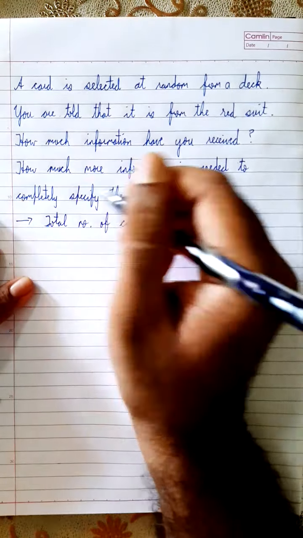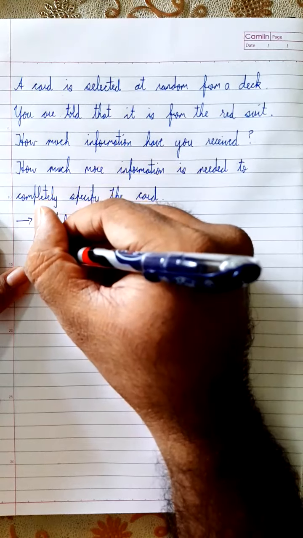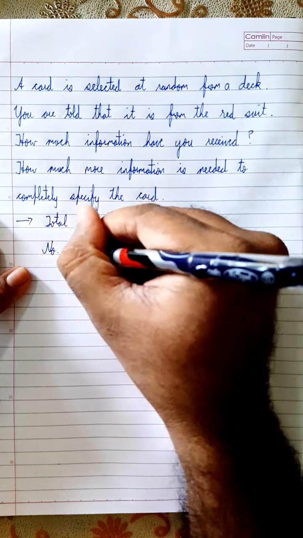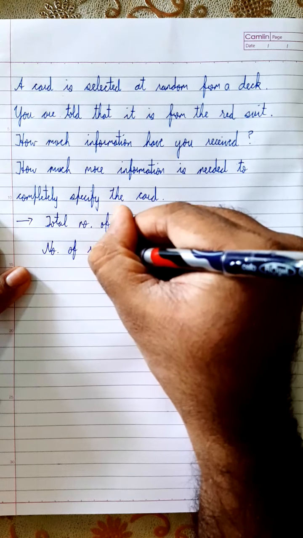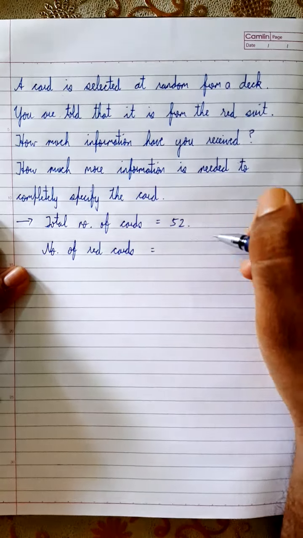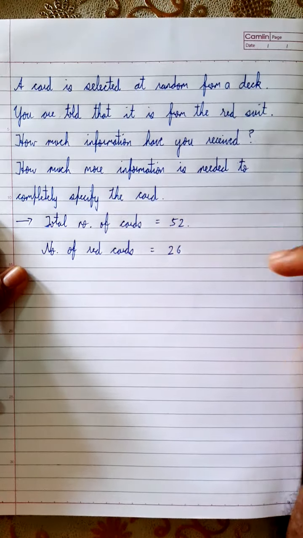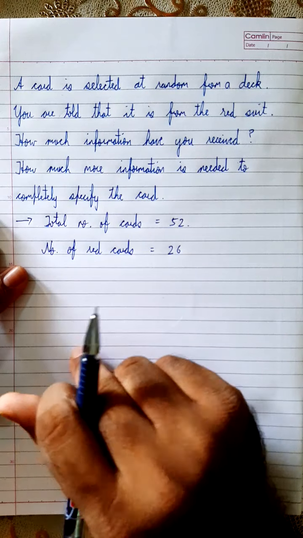So we need the probability. Let's start with the number of red cards, which is equal to 26, half of 52.